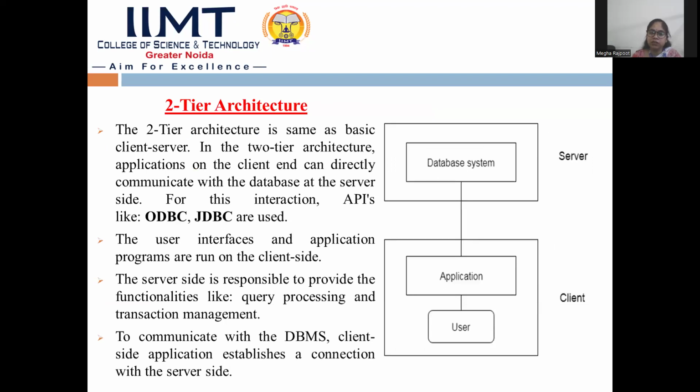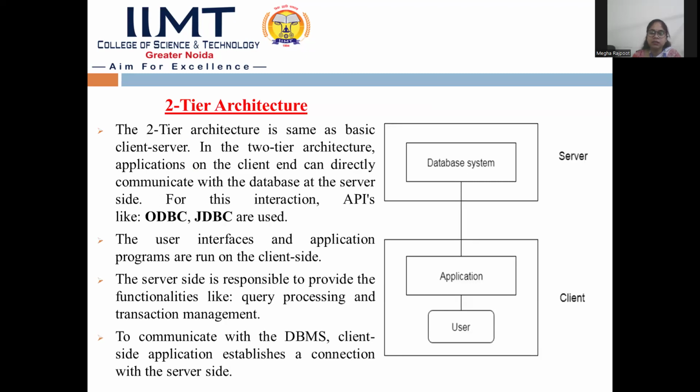Next one is two-tier architecture. The two-tier architecture is the same as basic client-server. In the two-tier architecture, applications on the client end can directly communicate with the database at the server side. For this interaction, APIs like ODBC and JDBC are used. The user interfaces and application programs are run on the client side.